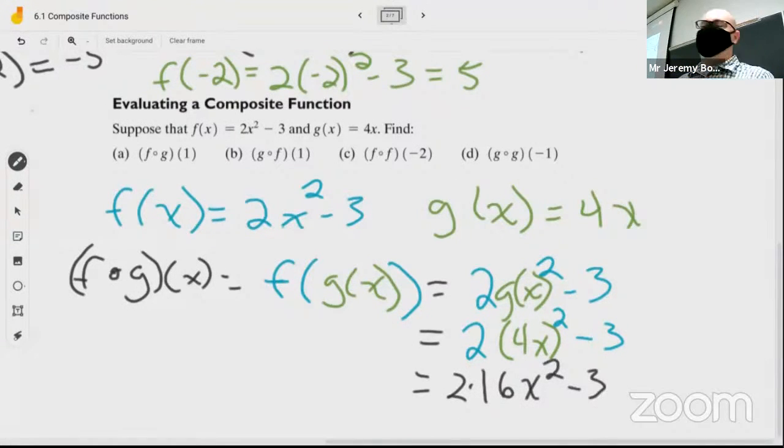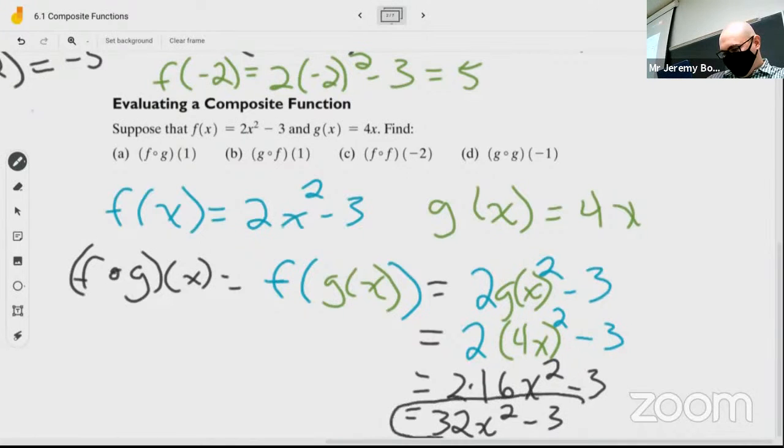I'm getting rid of the color because we've combined our functions together at this point. And then we can do the 2 times the 16, which is going to be 32x squared minus 3. That is the composite function, f composed with g of x.